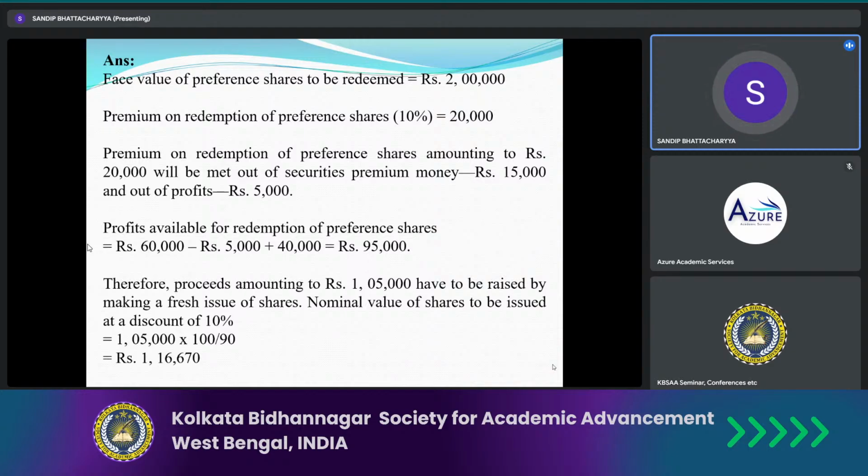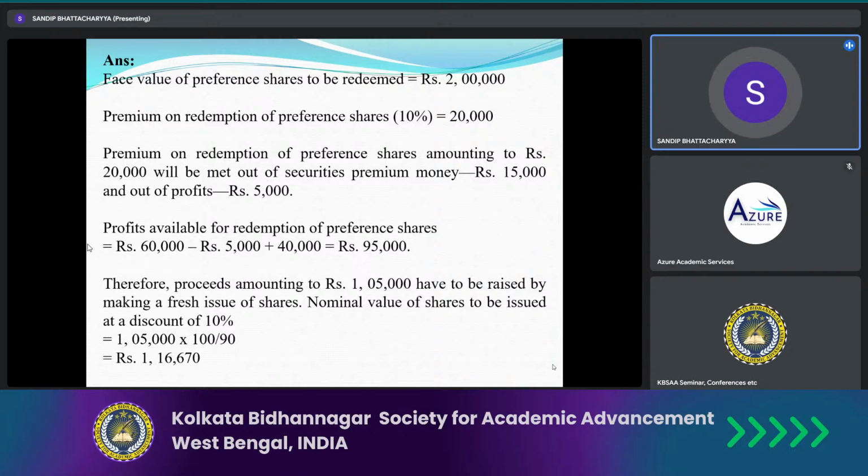Or you can do it another way, 1,05,000 divided by 90%. So the entire fresh issue of capital is 1,16,670 approximately. This is the fresh issue of equity shares.